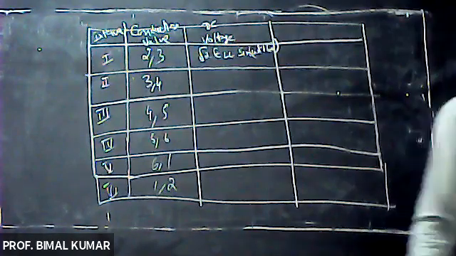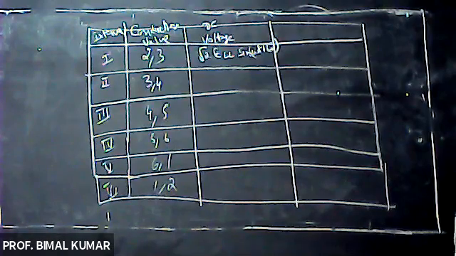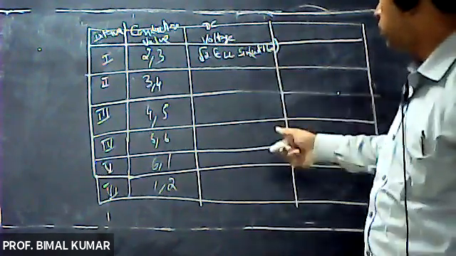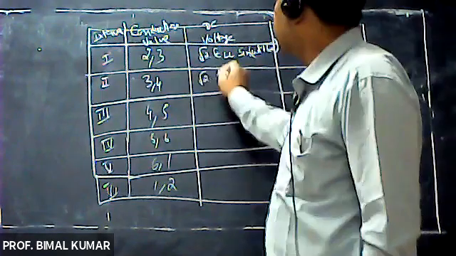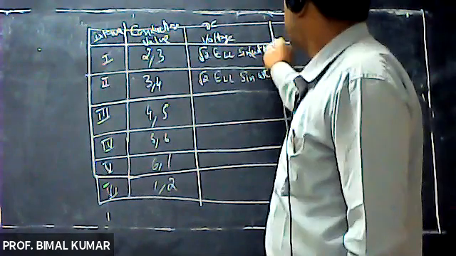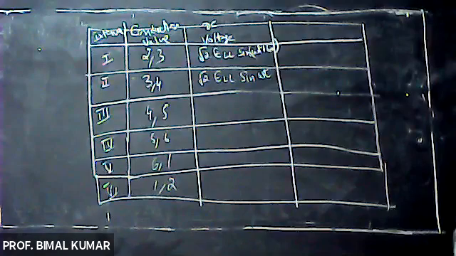Then during the second interval, because we are taking the sixth part of the interval, this will be root 2 ELL sine omega t minus 60 plus 60, only omega t.